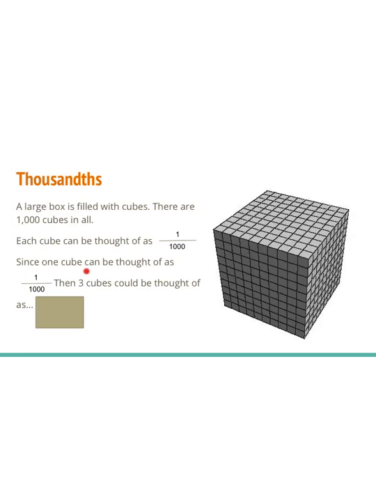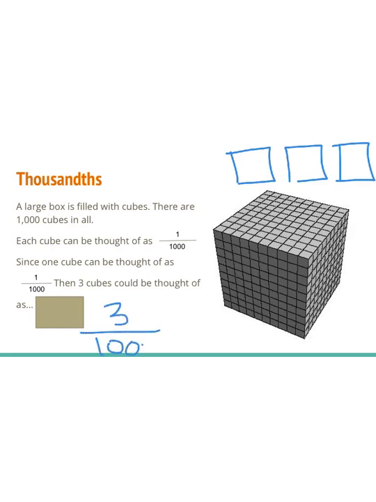And since one cube can be thought of as 1 over 1,000, then 3 cubes could be thought of as what? Fill in the answer. So you're imagining that there are 3 cubes out of this thousandths that we're looking at, out of the whole thing. So your answer should have been 3 over 1,000.